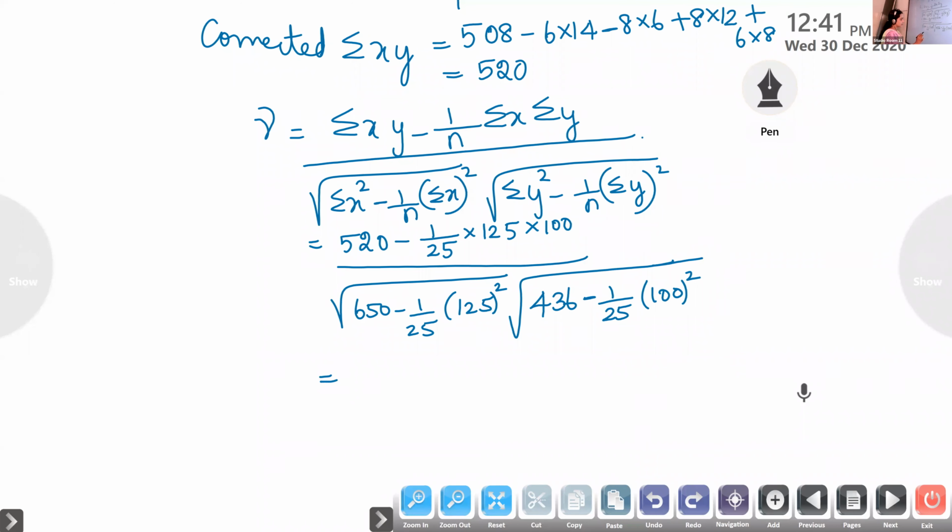Is it the same as 520 minus 500 by root of 25 into root of 36, isn't it? Simplify, you'll get the answer. 520 minus 500, then find the square root.